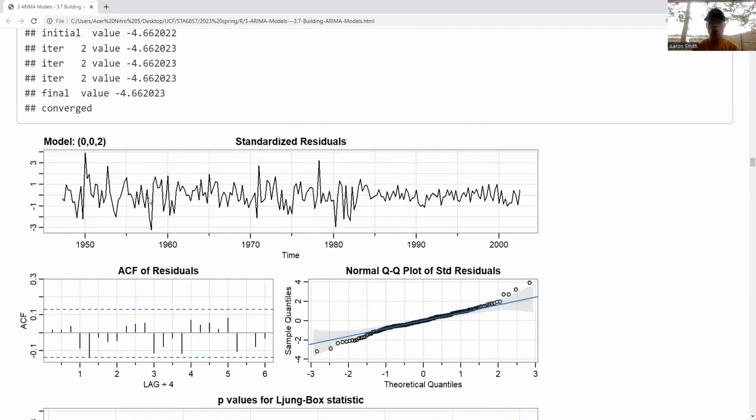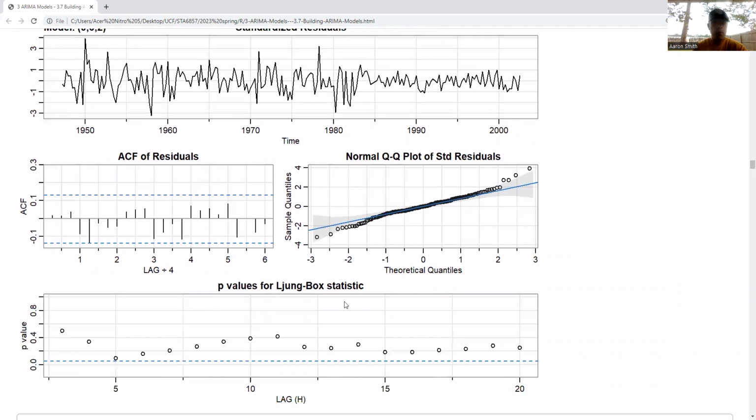I want to see no correlation between them. Here's the autocorrelation function on the residuals, and here is the normal QQ plot of the standardized residuals. The tails are maybe not quite normal, but this is okay; most of the time, real data doesn't behave as well as we would like. So I'm okay with it for now.